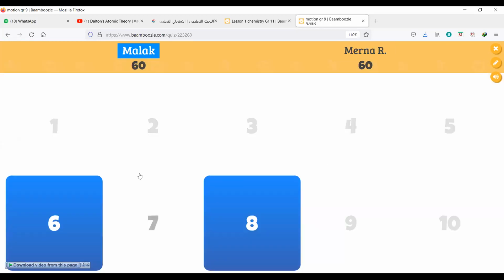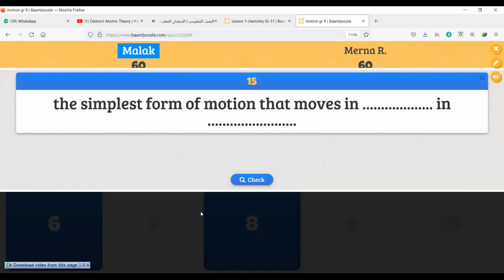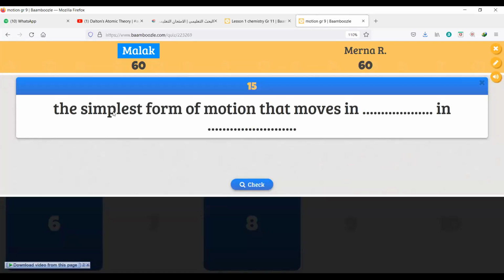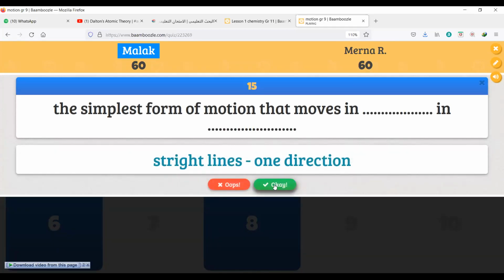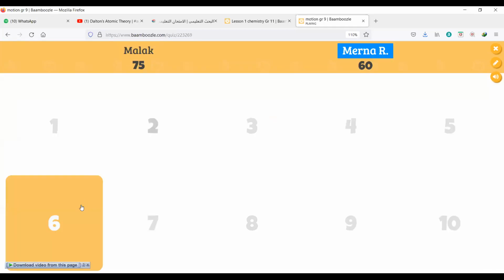Okay, Malak, I will choose number 8. It will be straight and in one direction. Excellent. In straight lines in one direction.